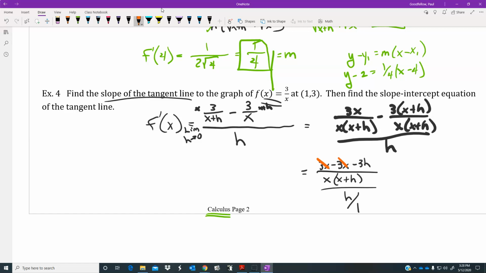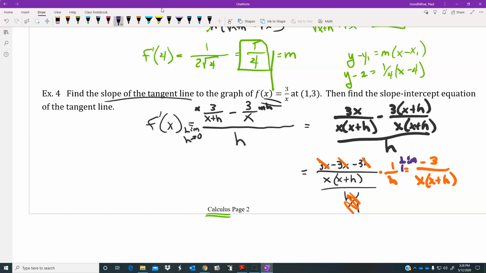If this flipped over and did 1 over h as a multiplier, I think this one and this one would cancel, and I'd end up with negative 3 over x times x plus h.